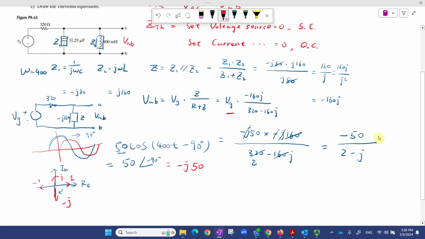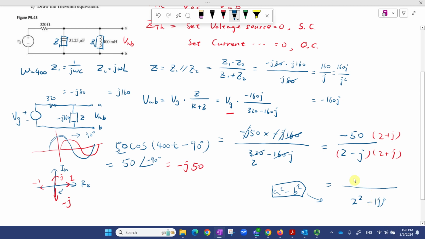And we can multiply both sides by 2 plus j. That's the trick we're going to use. So the thing at the bottom becomes this a squared minus b squared form. Then in the bottom we get 2 squared minus j squared. So j squared is -1, and -1 with another negative sign becomes positive.